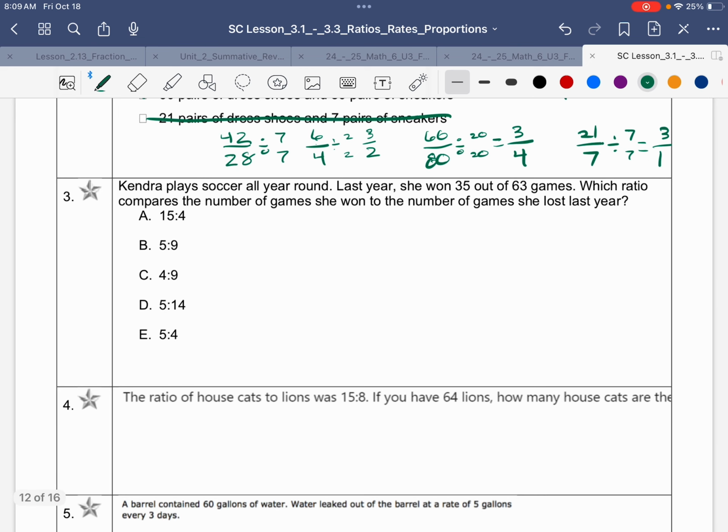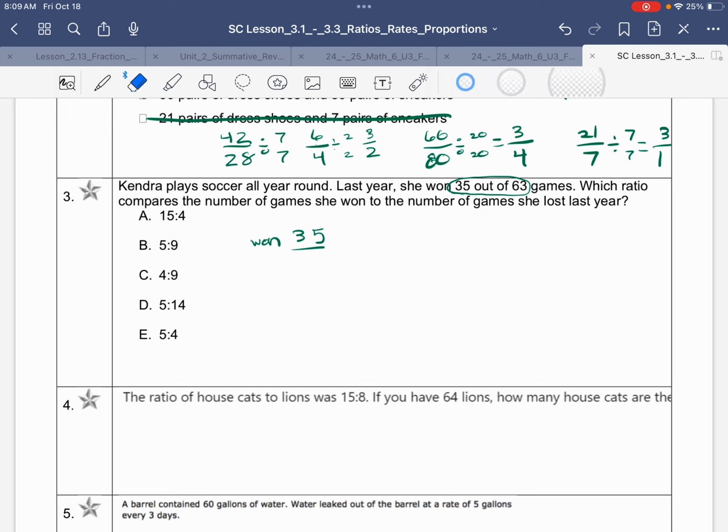Kendra plays soccer all year long. Last year, she won 35 out of 63 games. Which ratio compares the number of games she won to the number of games she lost last year? She won 35 out of 63. Oh, that's wrong. We didn't read it correctly.